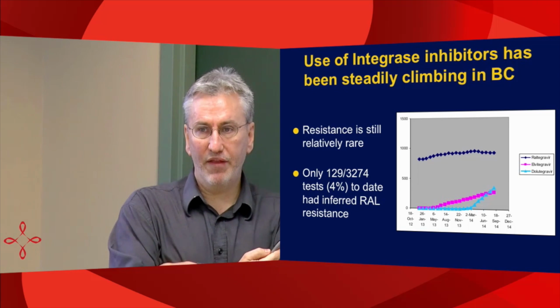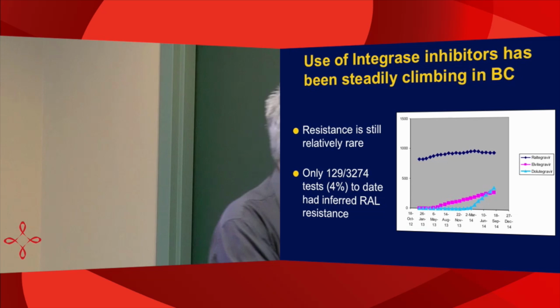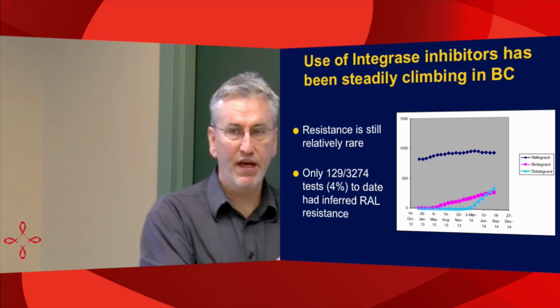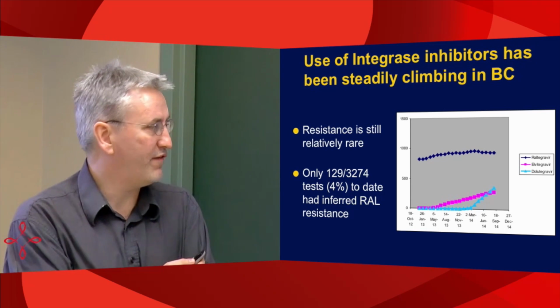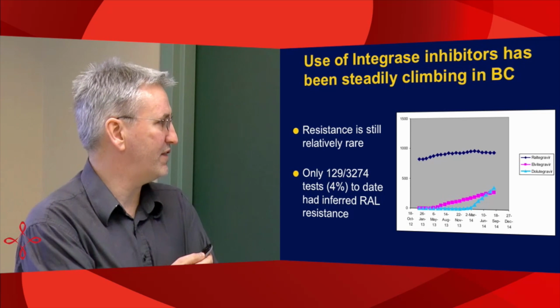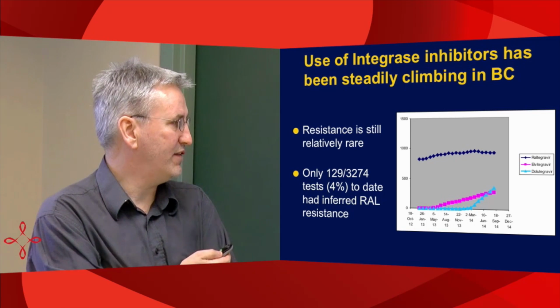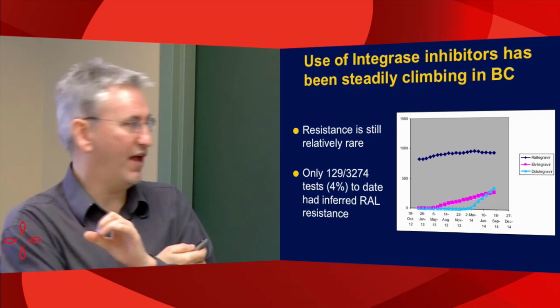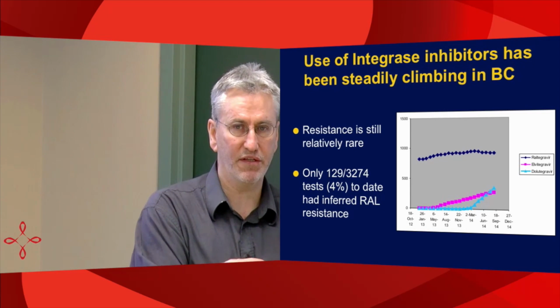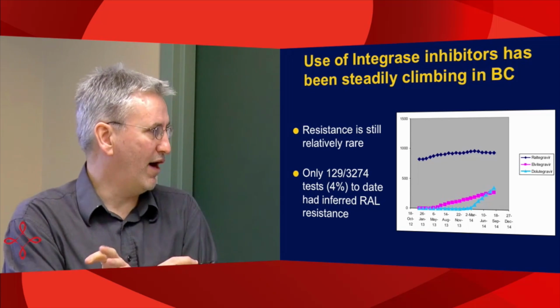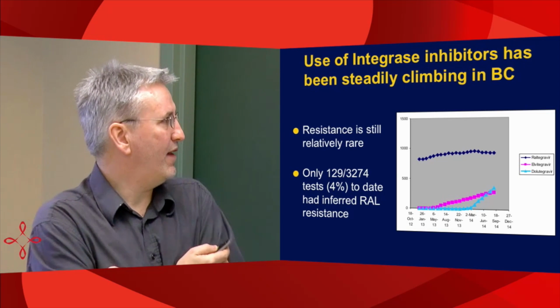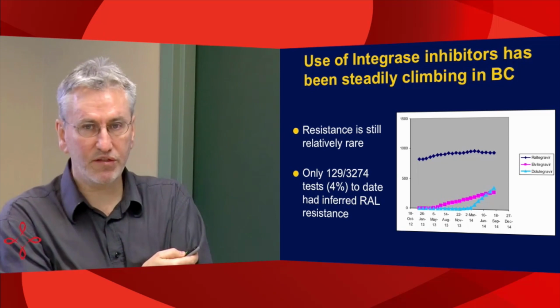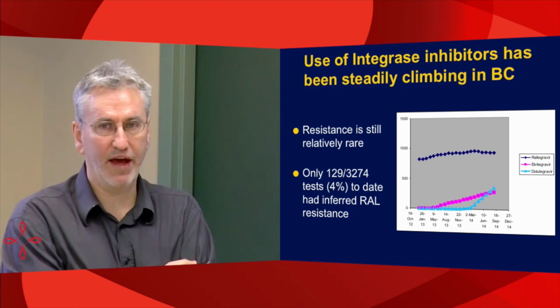And the update in terms of resistance to the integrase inhibitors is it's still pretty rare. In fact, only 4% of our tests done to date have had any inferred raltegravir resistance, even though it's been around for a while. And so things are still looking pretty good in that sense.